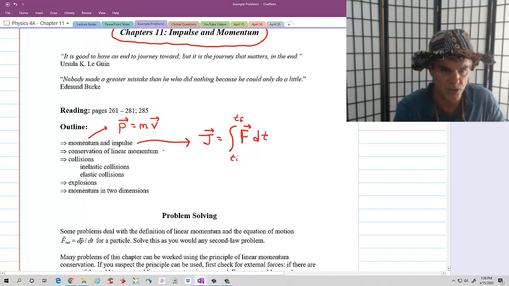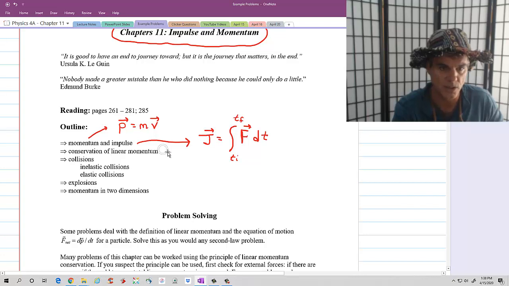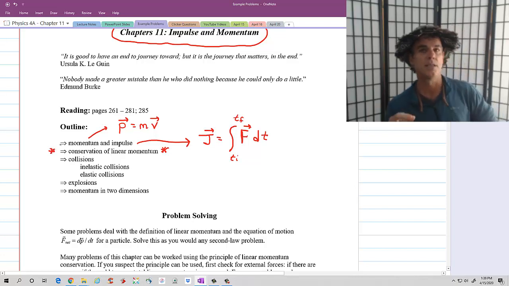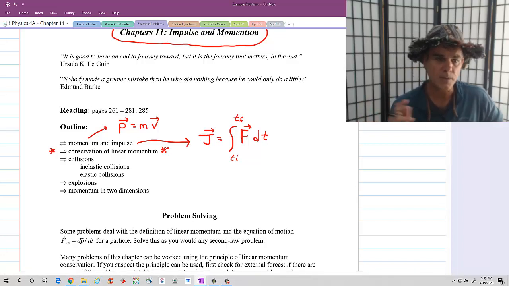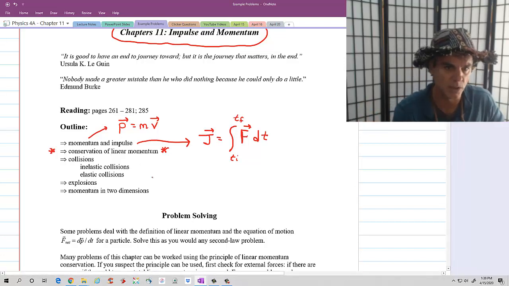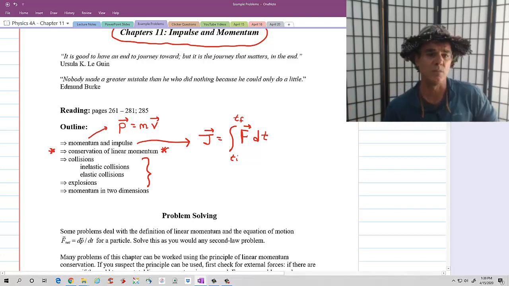On the second lecture, which will be tomorrow on Thursday, I'm going to look at conservation of momentum. And this is one of the giant laws of physics. Conservation of energy, conservation of momentum, you're going to be using throughout your physics career. If I have time tomorrow, I'll talk a little bit about collisions, but then the very last lecture, I'm going to be talking about collisions and explosions, which is really just conservation of momentum.